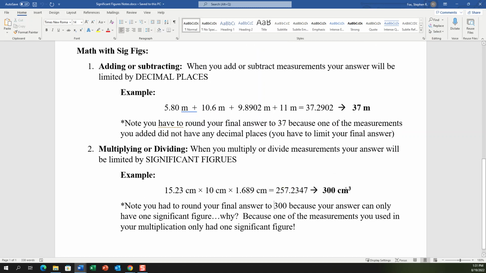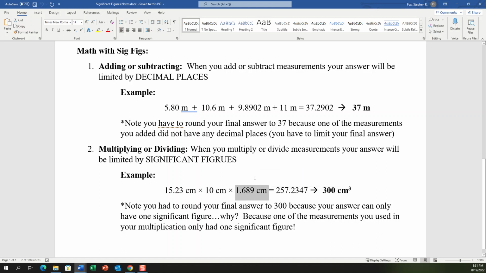And so my unit would be centimeter cubed, right? When I multiply this by this by this, this measurement has 4 sig figs. So whatever I use to measure this length, I could go to the hundredths place. But whatever I use to measure this length, I couldn't even estimate to the tenths place, right? And then here, whatever I use to make this measurement, I could go to the thousandths place.